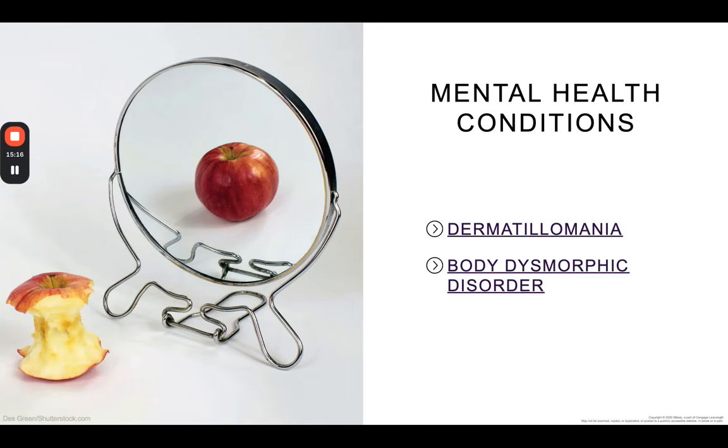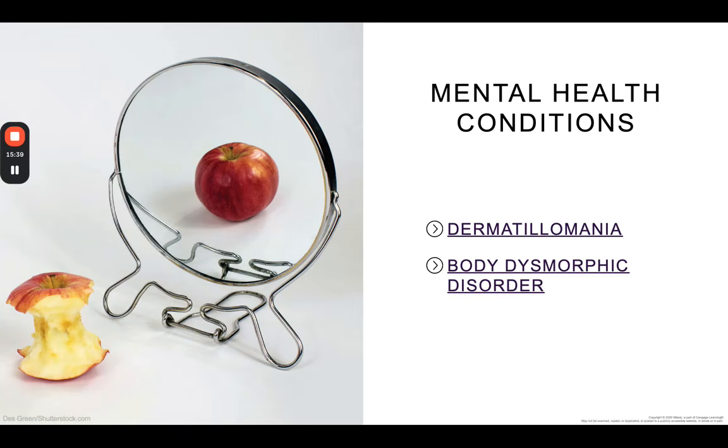A person with dermatillomania finds the picking stress relieving and not painful. It can often be socially isolating because severe dermatillomania can be disfiguring. So treatment for this just includes cognitive behavior therapy, hypnosis, and medication, which is out of our scope, but this is just something to be aware of.